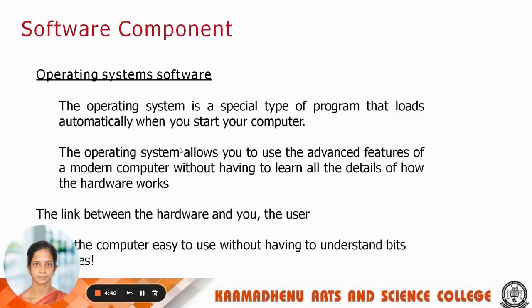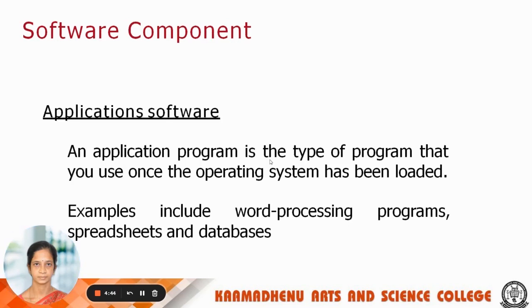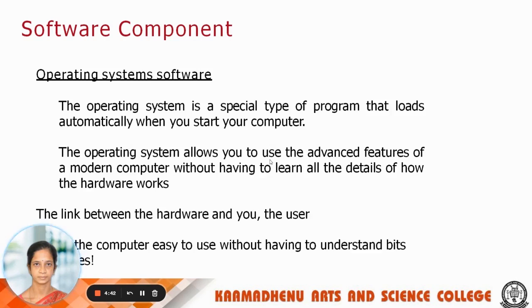The operating system allows you to use the advanced features of a modern computer without having to learn all the details of how the hardware works. It is the link between the hardware and you, the user, and makes the computer easy to use without having to understand bytes.